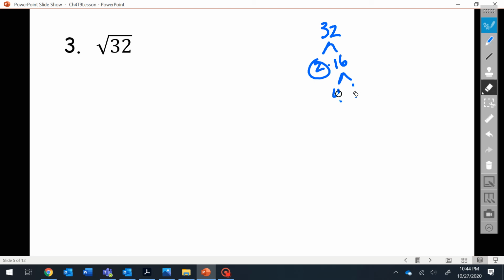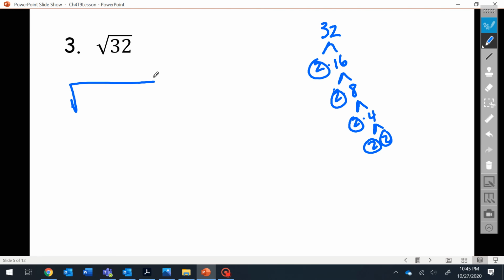Let's do 2 times 8. And 8 can break down into 2 times 4, and 4 breaks down into 2 times 2. So 32 would be 2 times 2 times 2 times 2 times 2. It would be 1, 2, 3, 4, 5 2's.